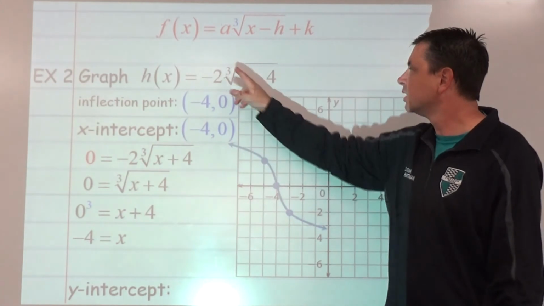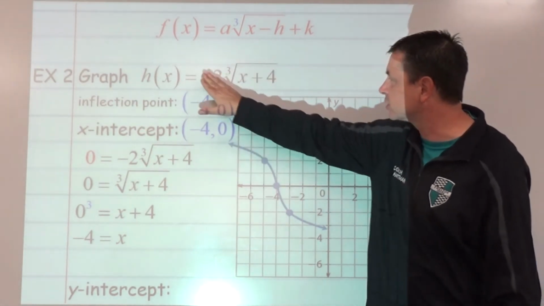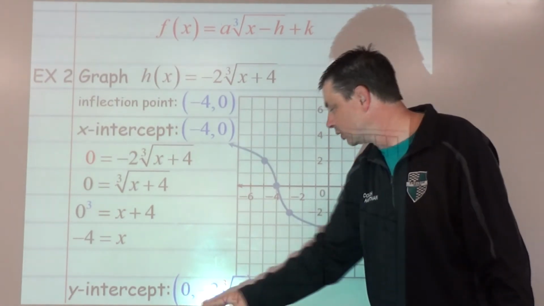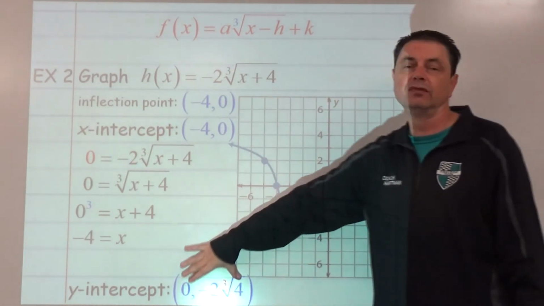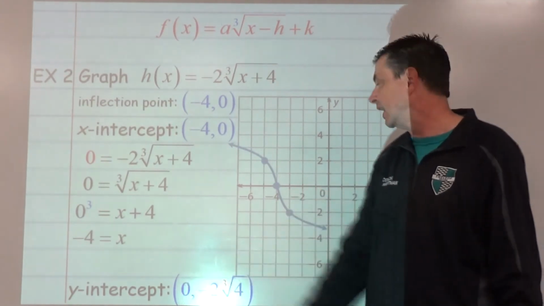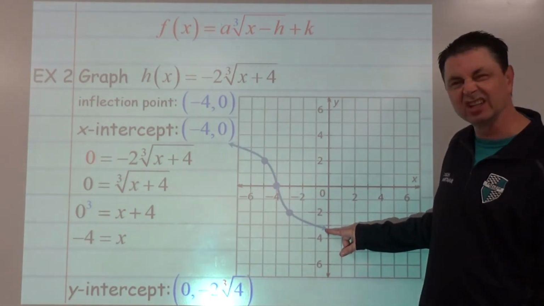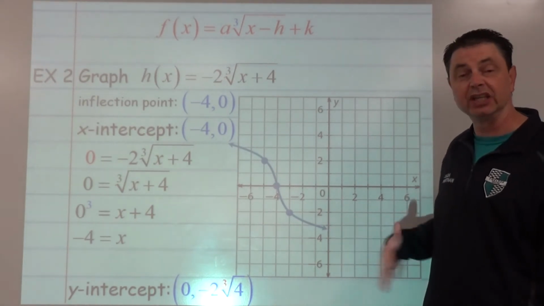Doesn't help. So we're just going to leave that as cube root 4. So -2 cube root 4 is our value. 0, comma, -2 cube root 4 is the exact value. We can kind of see that the decimal would be somewhere just a little bit below -3 if we needed to approximate.